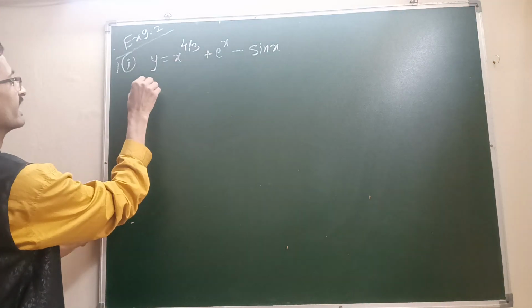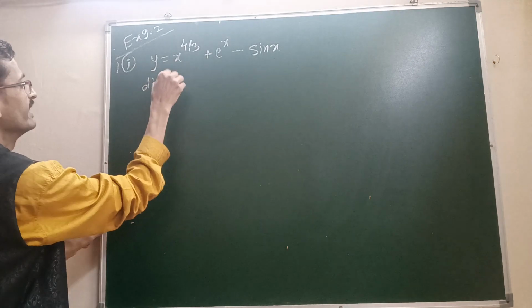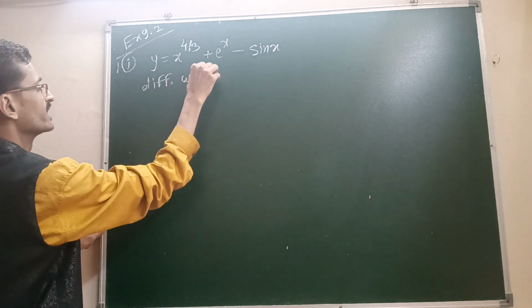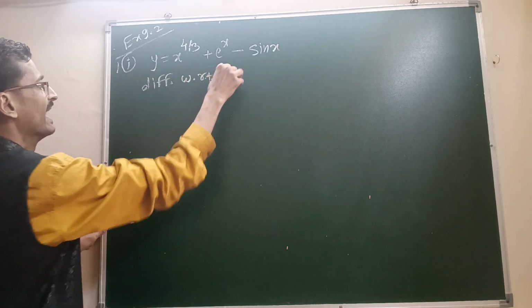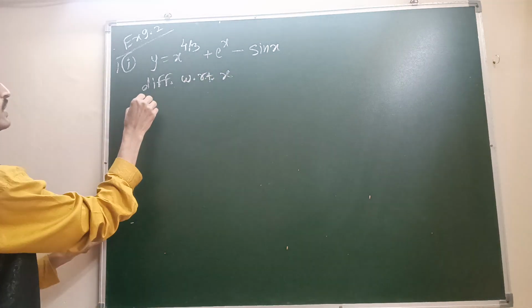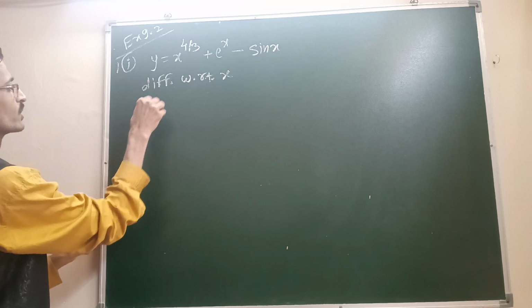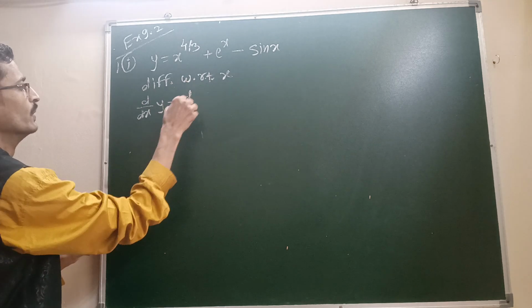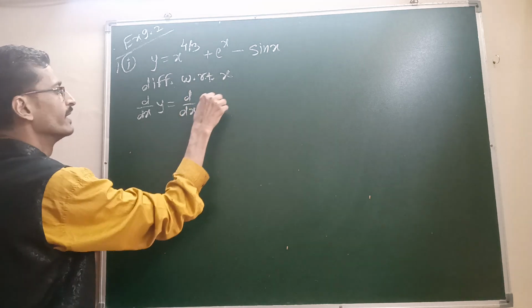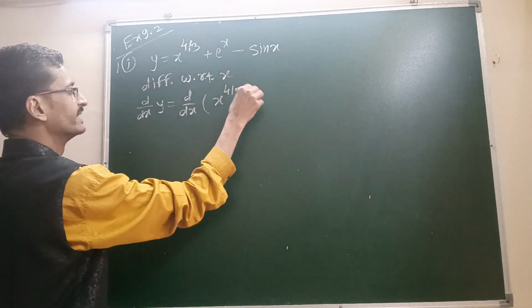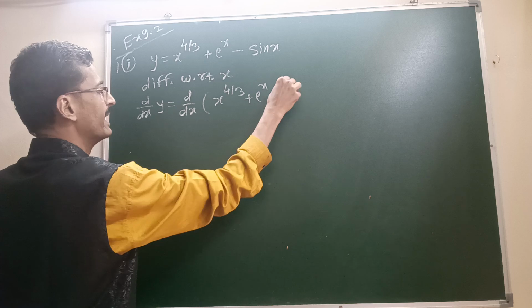So here write differentiate with respect to x. So this is d by dx of y is equal to d by dx of x raised to 4 by 3 plus e raised to x minus sin x.